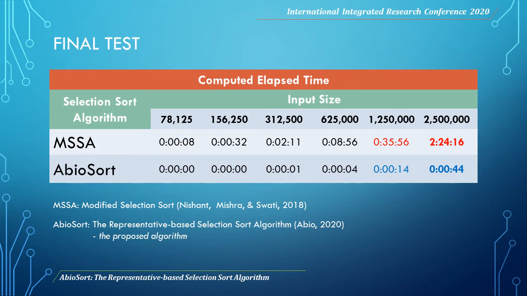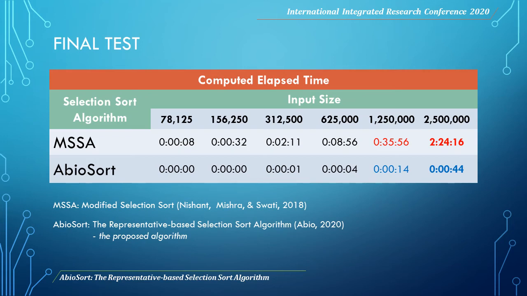The results are shown in the presented table. In this test, I only show the elapsed time with seconds as the lowest unit of measurement. This is to easily compare the difference between the two algorithms, as it is the usual time format that we use in our everyday lives.